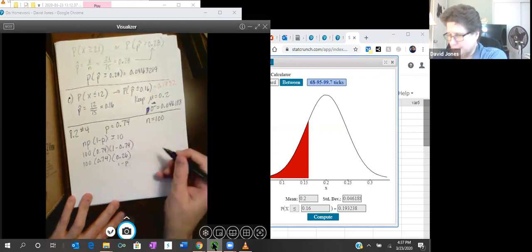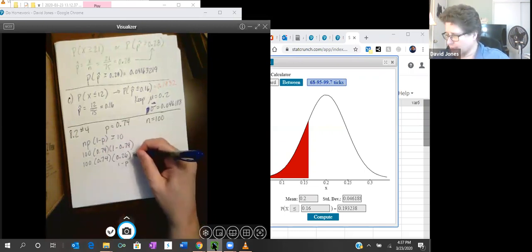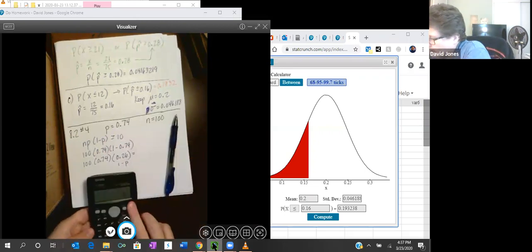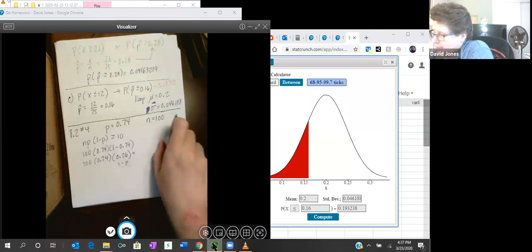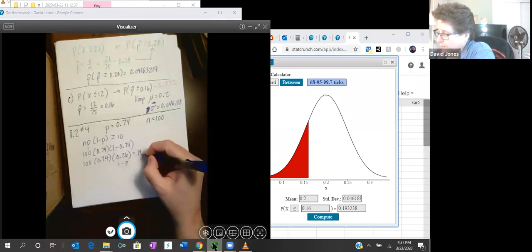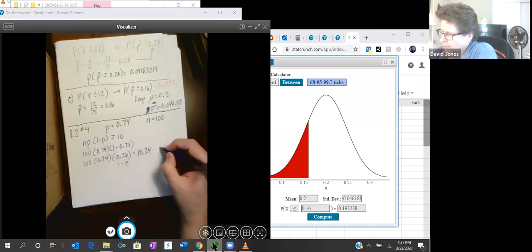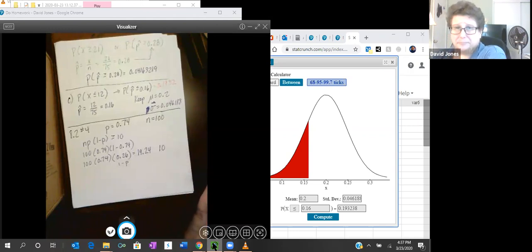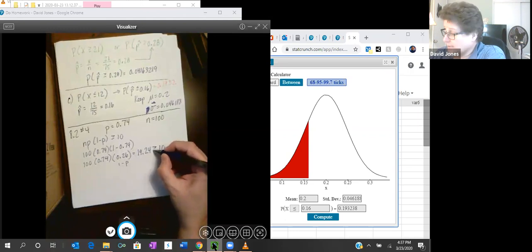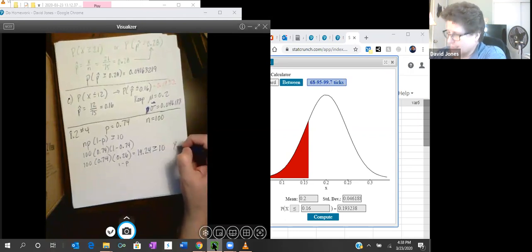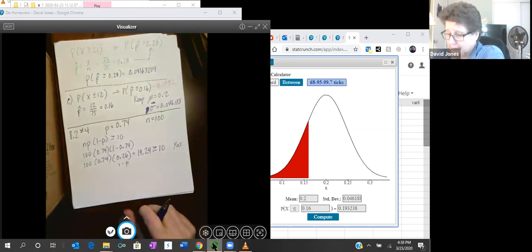This is 1 minus p. Let's figure out what this is. 100 times 0.74 times 0.26 equals 19.24. How does that compare to 10? 19.24 is almost double 10. So yes, it meets that criteria.